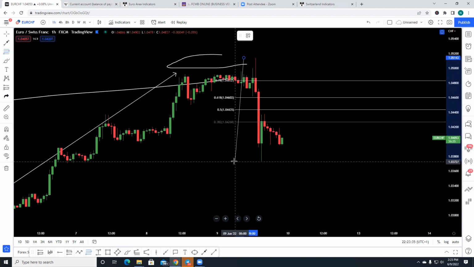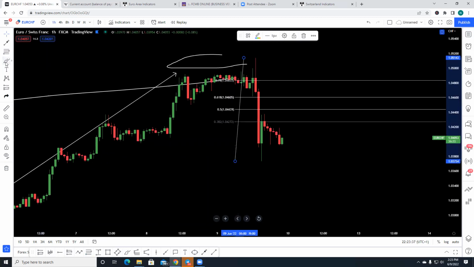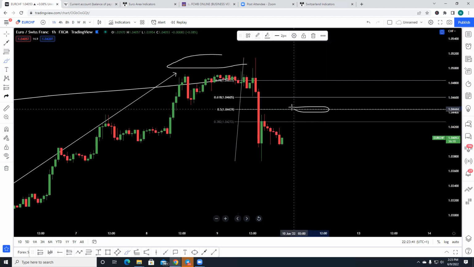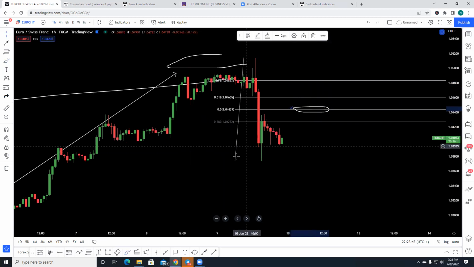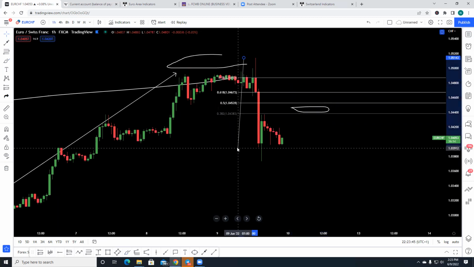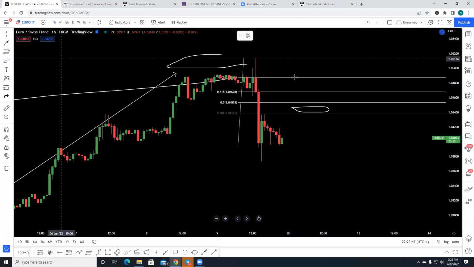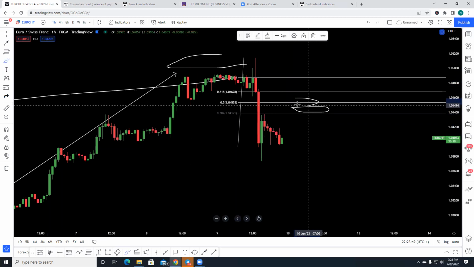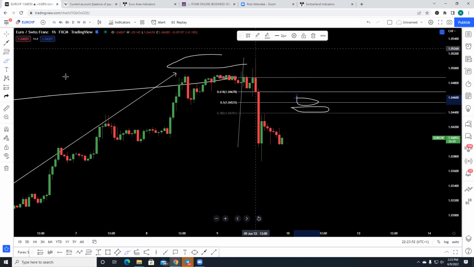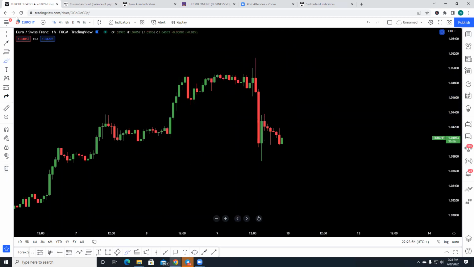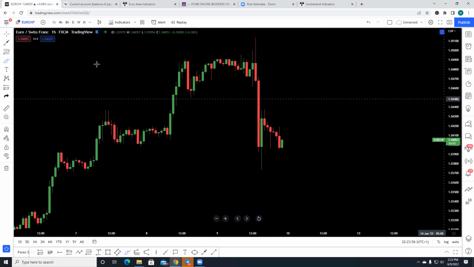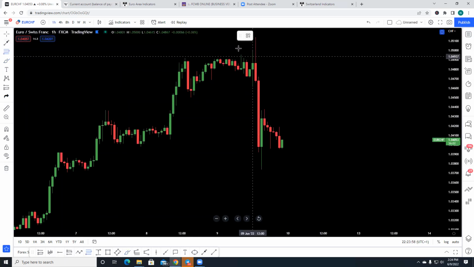If you are using this level here, then you'll be having your 50% retracement here. But if you are doing it here, look at where your 50% retracement is, this side. So this is not going to give you an accurate reading except you know where your impulse stops.